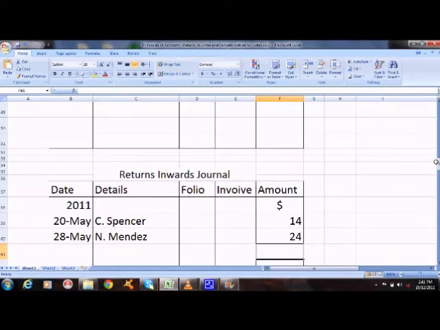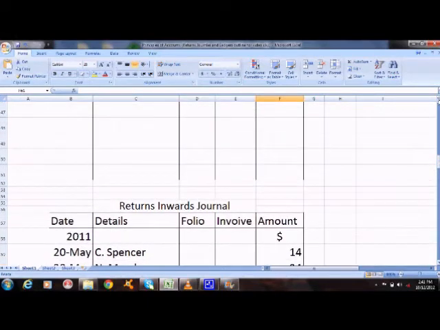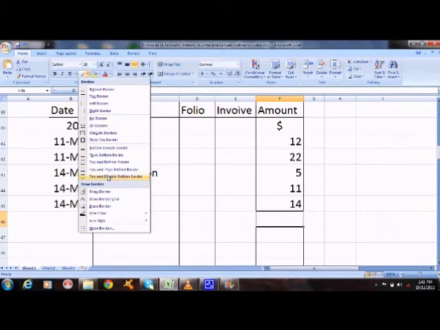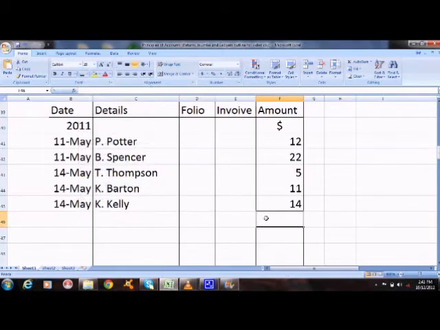Now afterwards, realize that there is no transaction left for either of the returns. Now we're going to balance off. Therefore, we put our single line and double line as usual.